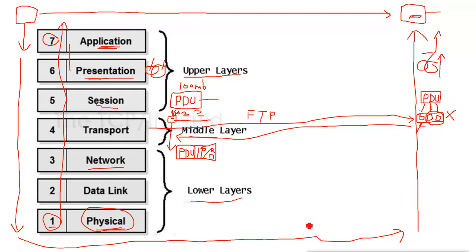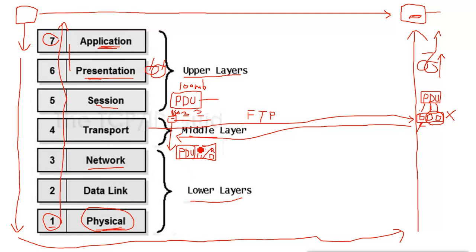Maybe they are connected directly by cable, like we can connect two machines directly with one cross cable. Or if you have multiple machines, then you can't connect every machine directly, so you will connect them through the switch, but the switch is invisible to them. They will feel like they are connected directly.